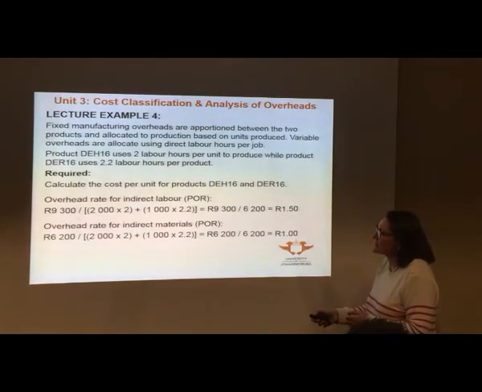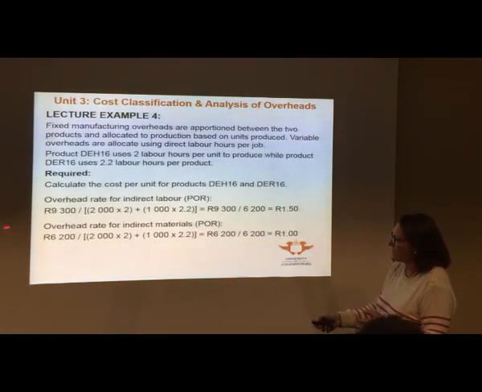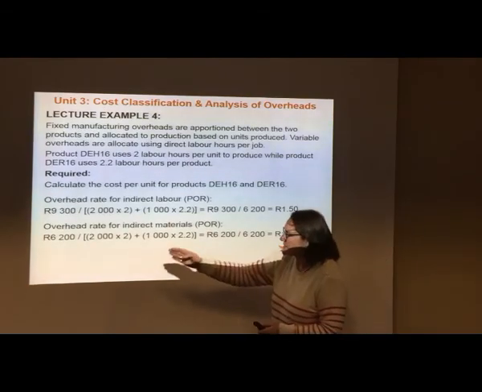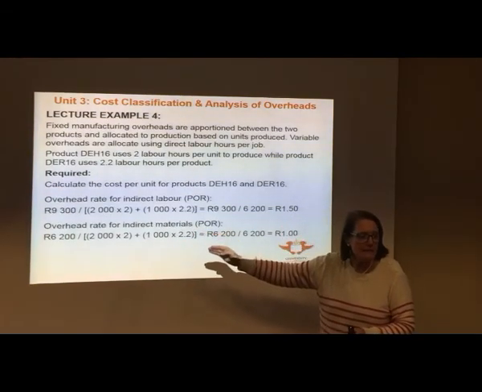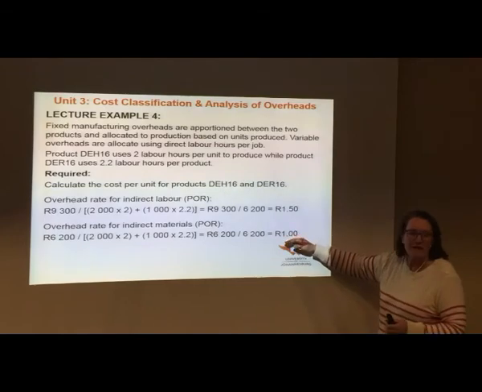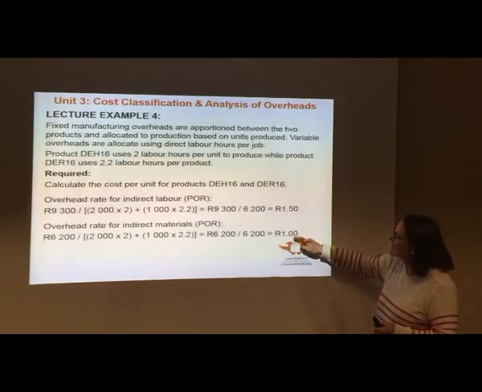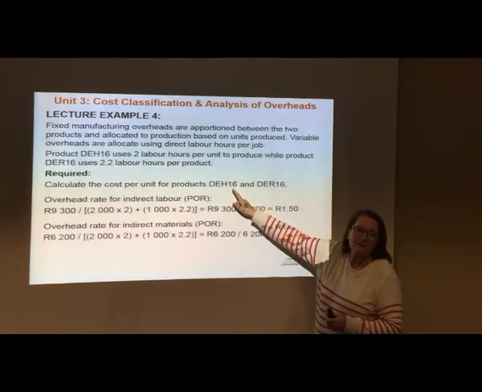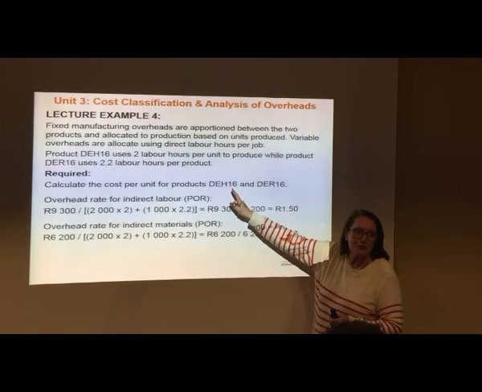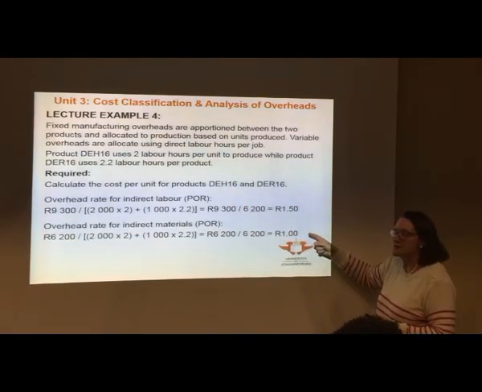And we're now going to first take the indirect materials. 6,200 divided by 6,200 is 1 Rand. But in the case of DEH, we are using 2 hours per unit, so it must be 1 Rand times 2.